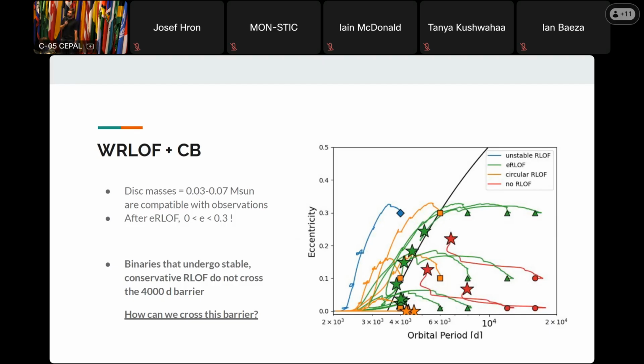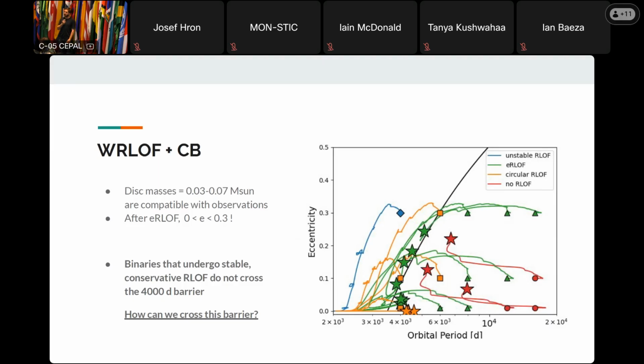But we have another problem: during the Roche lobe overflow, at some point when the mass ratio inverts, the period increases. So this actually prevents those binaries from going to periods below around 4,000 days. And they start to accumulate close to the black line.